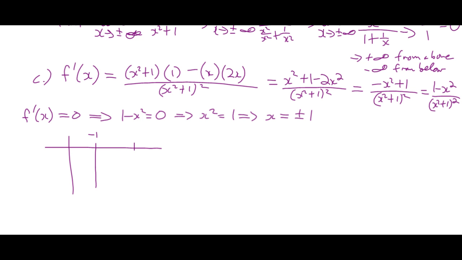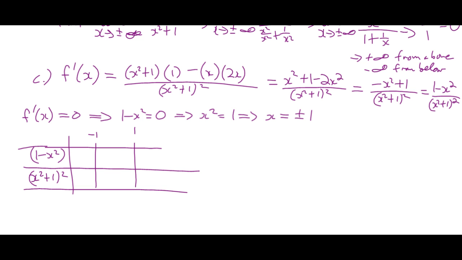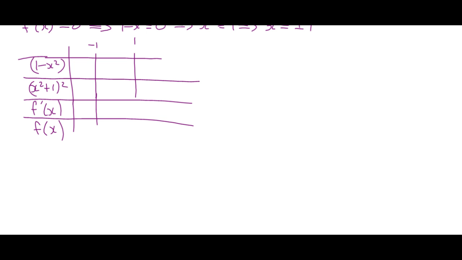So negative 1, 1. We've got a 1 minus x squared. We've got an x squared plus 1 squared, which is going to give us the sign of f prime of x, which will give us some information about f of x.